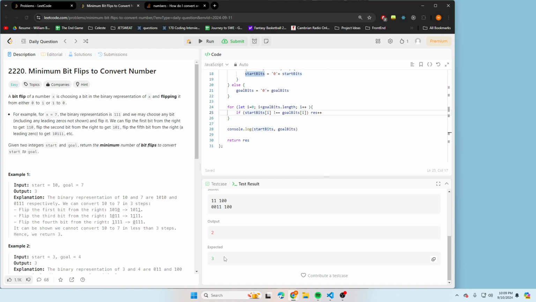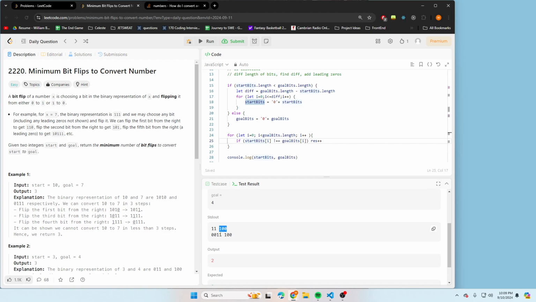Output is 2, expected 3. Hold up, this is 100. But why do we have 2 leading? Oh.